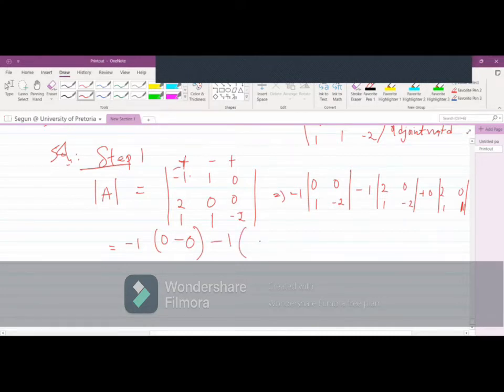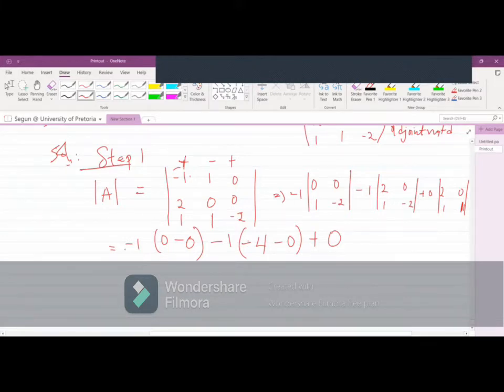So here, what do we have now? 0 - 0. The next one, -4. 0 - 4, that is 4. And the last one will be 0. You don't need to multiply it because everything multiplied by 0 will be 0, right?